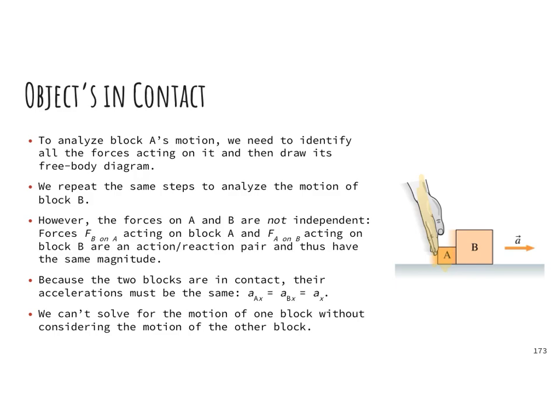If I draw a quick free body diagram, there is a push of the hand onto A, as well as the weight and the normal force, and that's going to cause acceleration. But how much it accelerates isn't based just on A's mass, but also on B's, because as A pushes on B, B, according to Newton's third law, pushes back on A. So there's this force of B on A right here.